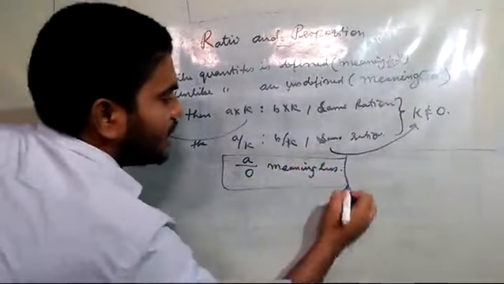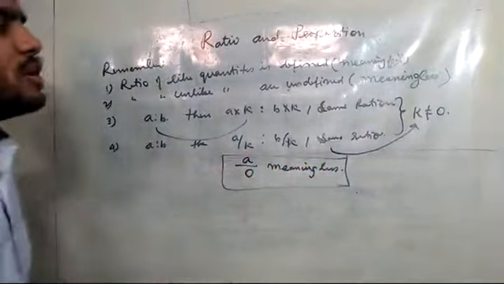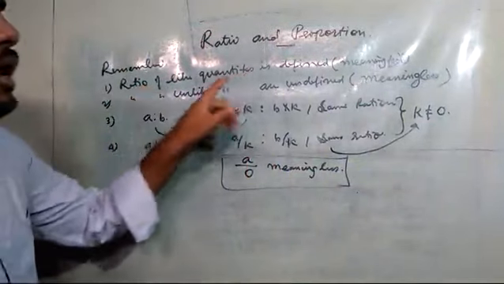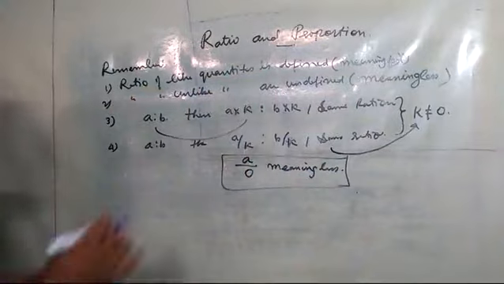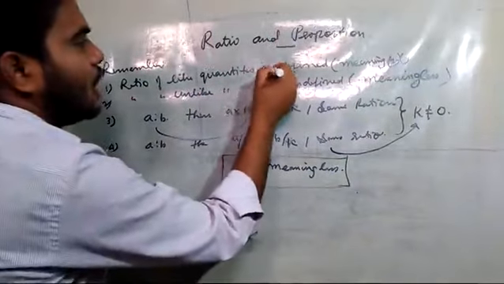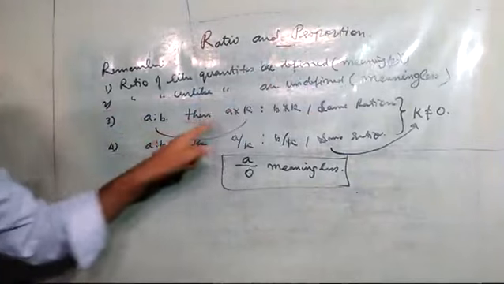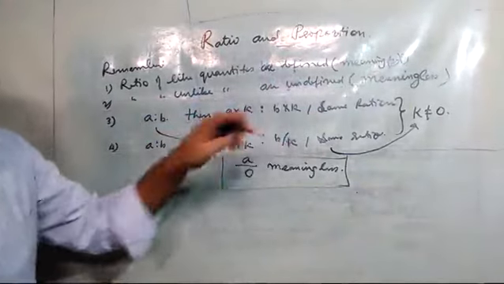So you have to pay attention that the denominator should not be equal to 0. So these are the points that you should remember. Ratio of like quantities is defined, ratio of unlike quantities is undefined. A is to B, then A into K is to B into K has the same ratio.